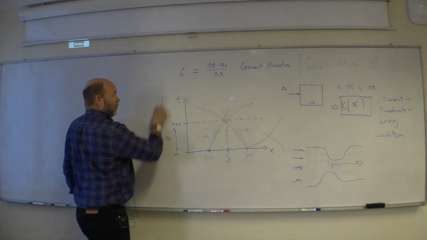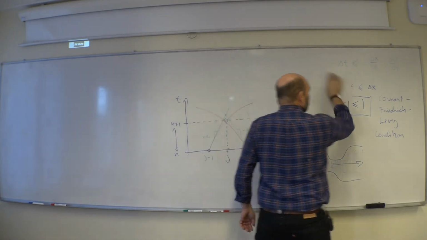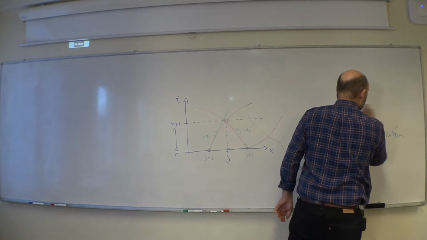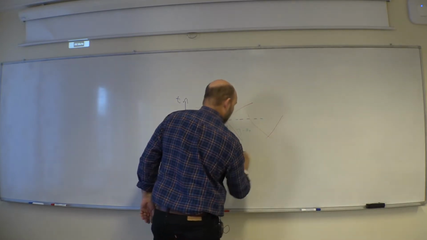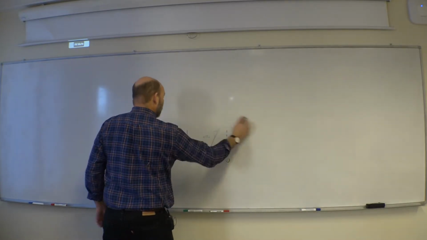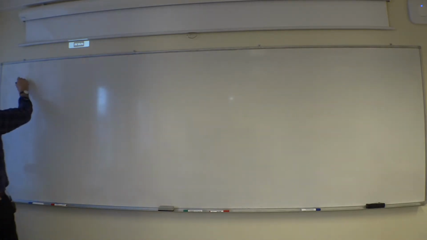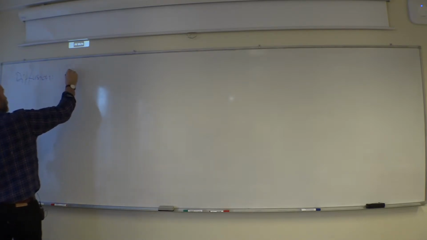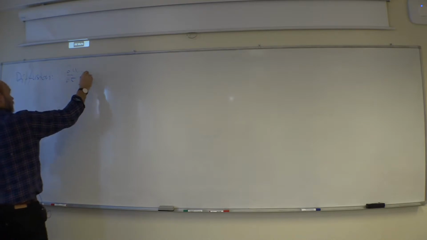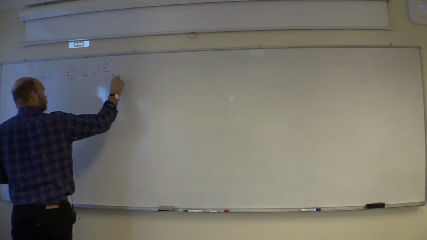The next step was the diffusion equation, the first and the last term in the Navier-Stokes. So a one-dimensional diffusion equation should look something like this: time derivative equals viscosity times the double derivative with respect to x.